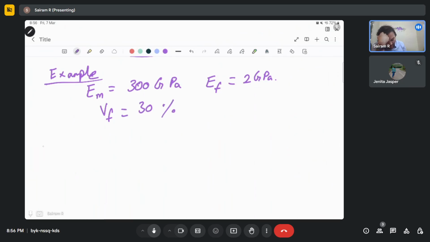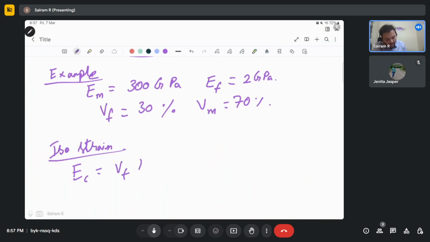Let us try and compute the values of the elastic modulus of the composite in both isostress and isostrain condition. We know that the volume should be conserved. So if Vf is 30%, then for a matter of fact Vm is 70%. So under isostrain first, Vf Ef plus Vm Em.